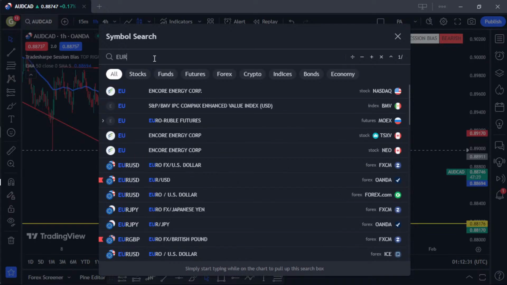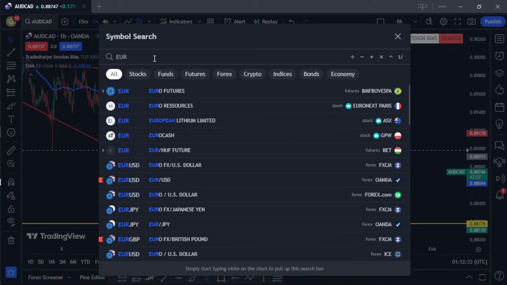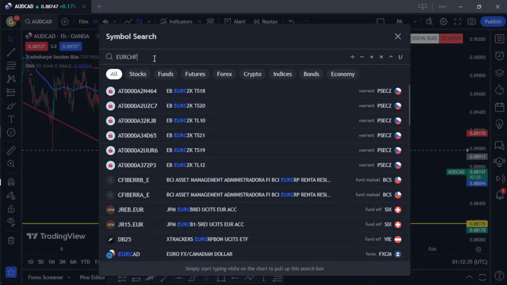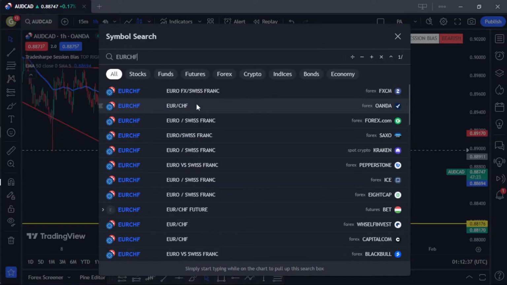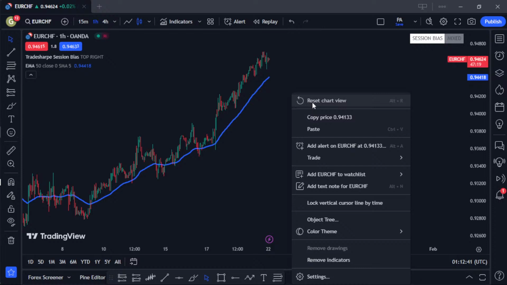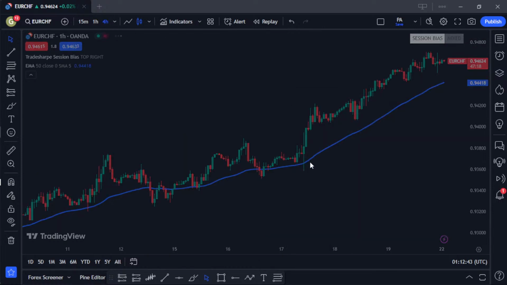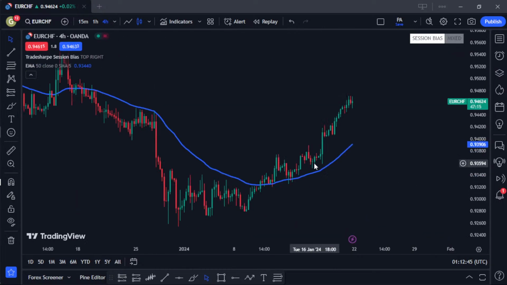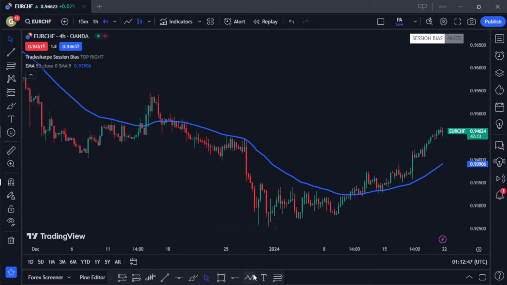After the EURCHF, I'm going to check the one you say, which is the JPY index. Okay, I'm going to reset the chart, come over to the 4-hour. So on the 4-hour chart, we have our major high at this level.